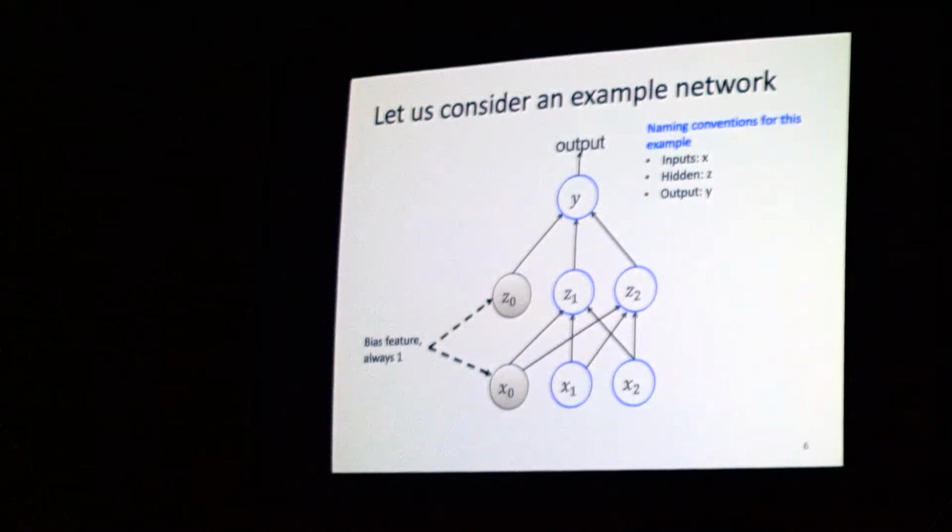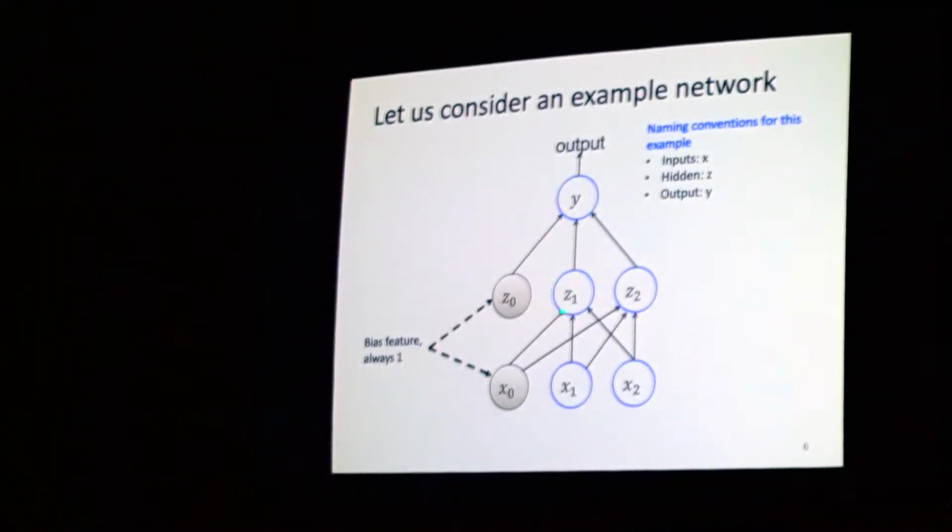Because the weight on the edge which connects those constant features can be viewed as the bias term. So we set these two gray nodes or neurons as our bias features, and they are constant. They're simply 1.